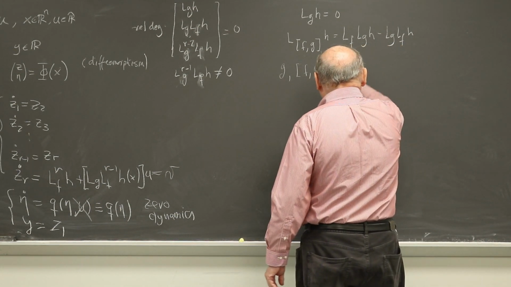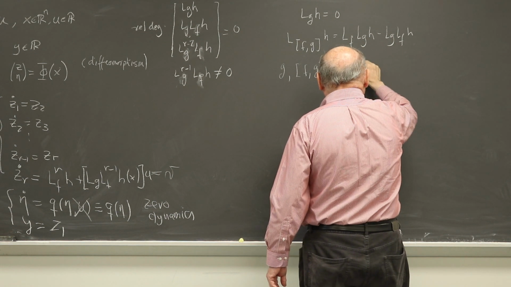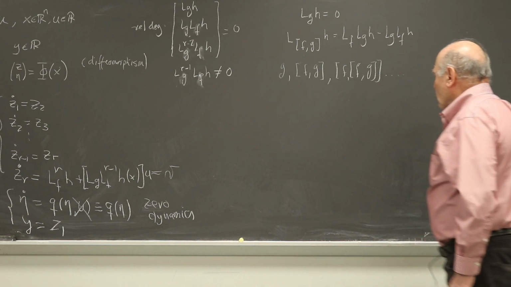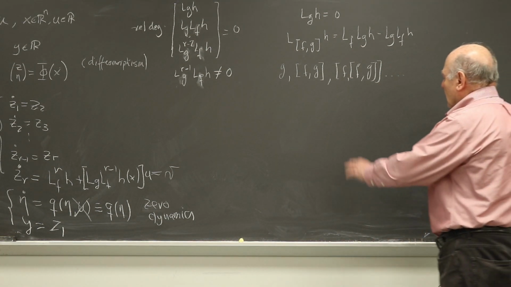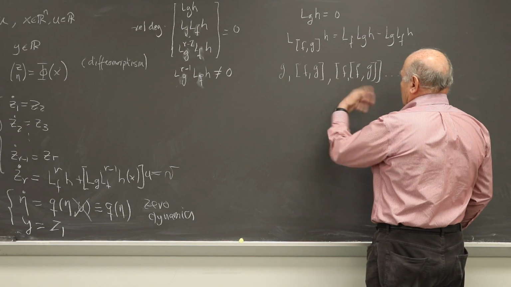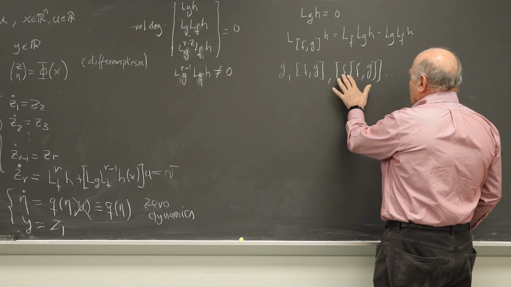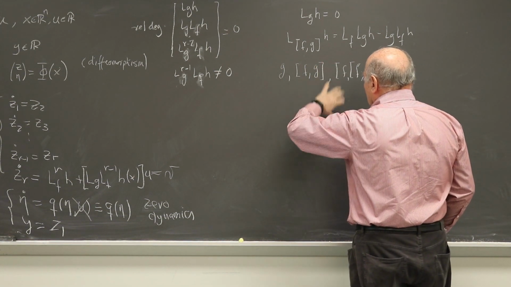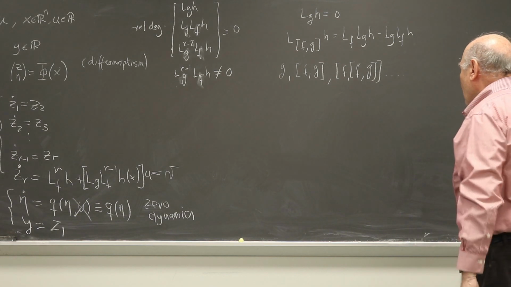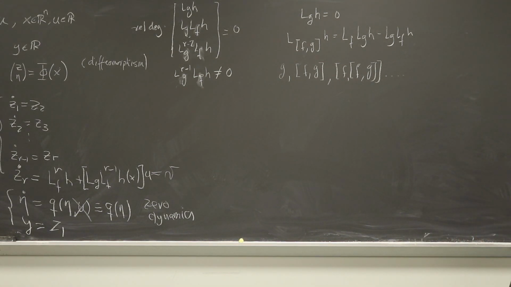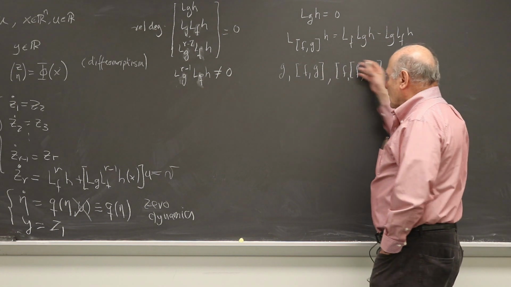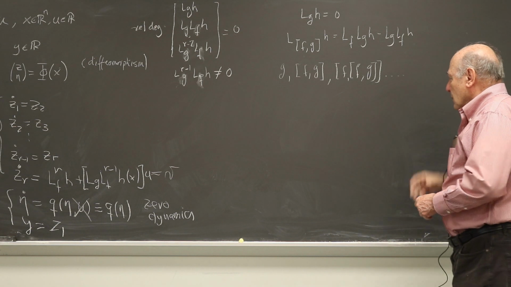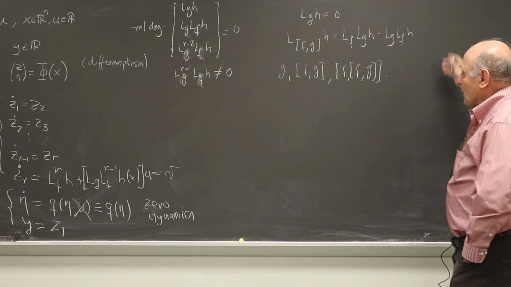And for the purpose of expediency, we will say that we can generate a distribution by taking iterated Lie brackets, fixing F and composing F with other Lie brackets of F and G. Of course, there might appear Lie brackets of G with F and G with F and G, and we will just have to use some of the properties that we saw about those Lie brackets to demonstrate that we can do away with this special set of brackets.